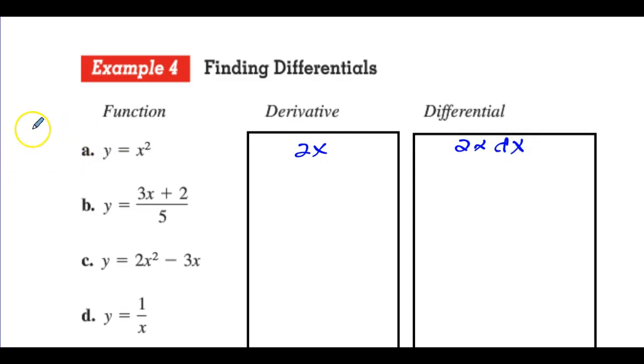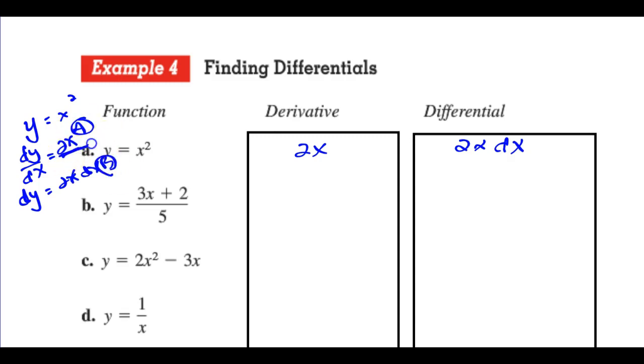Why? Remember, if y is equal to x squared, then dy dx is equal to 2x, therefore dy is equal to 2x dx. So I'm just showing the difference between answer A and answer B: answer A is the derivative, but this is the differential, 2x dx.